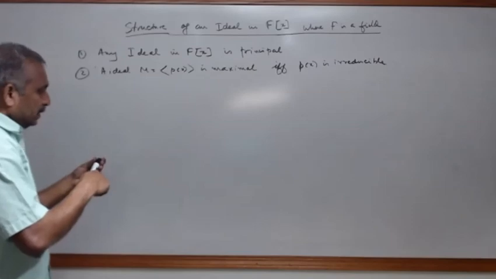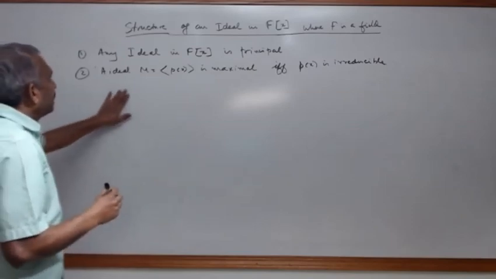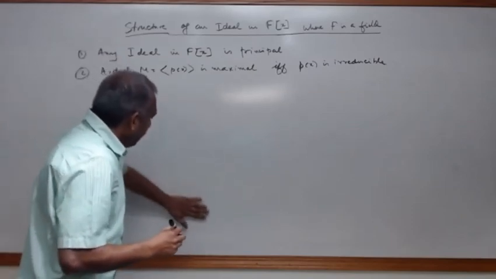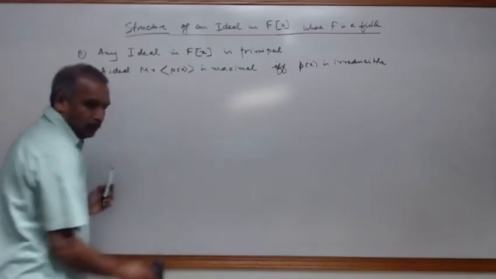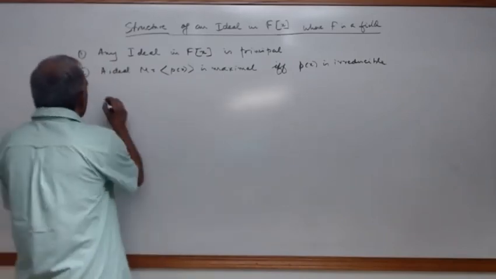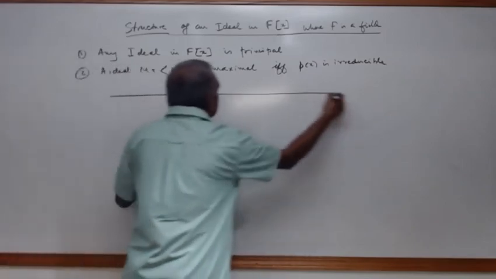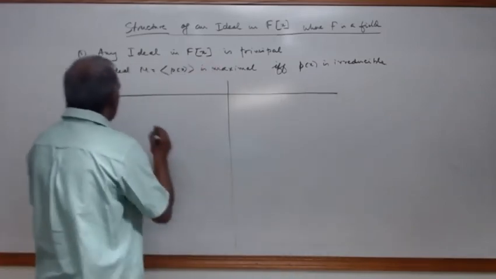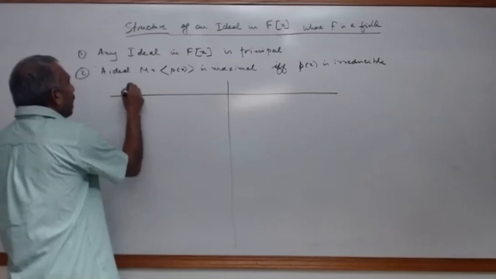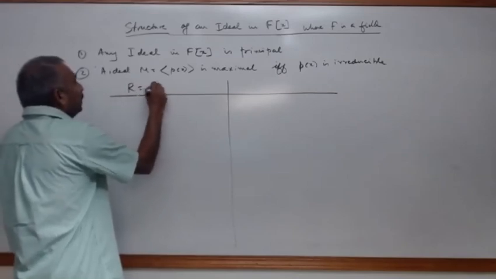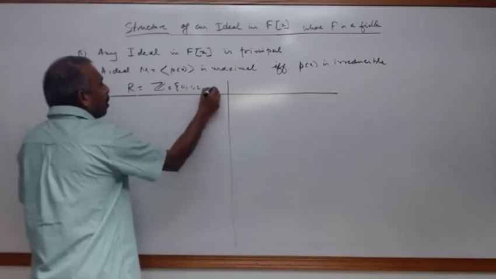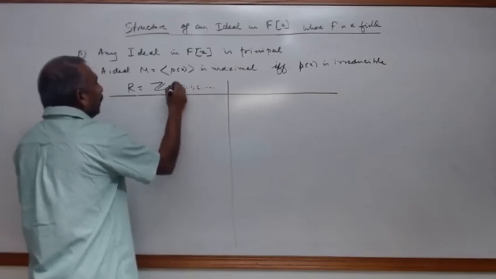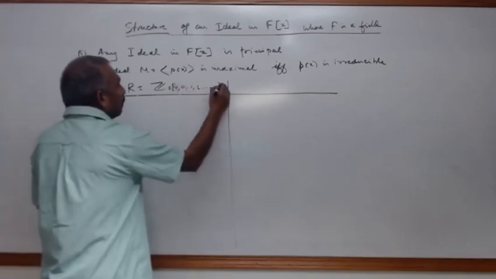Now let us compare the results in the ring of integers. Here we are taking R equal to Z: 0, 1, 2, and we have minus 1.